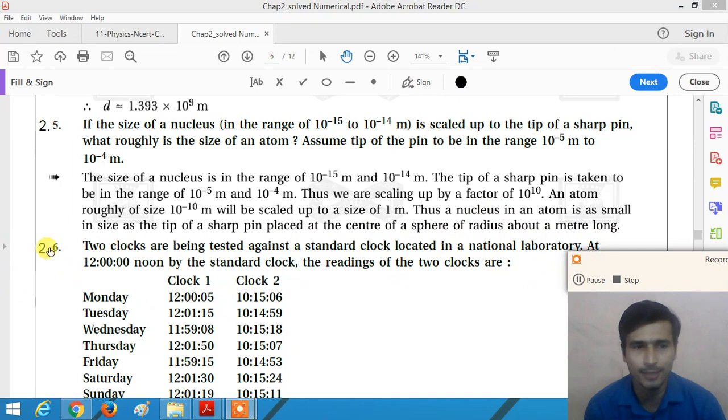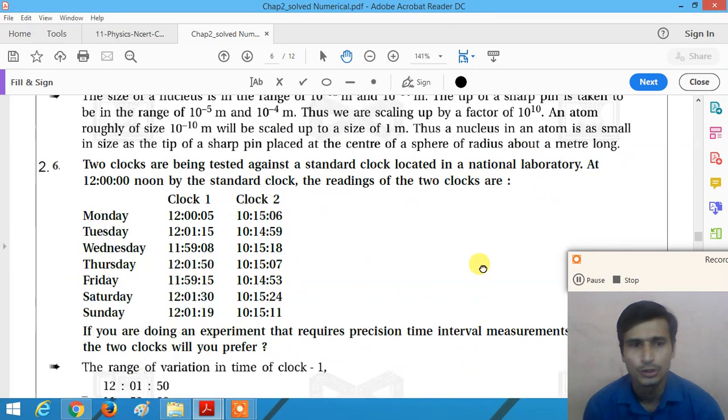Now example number 2.6. Two clocks are being tested against a standard clock located in the National Laboratory.